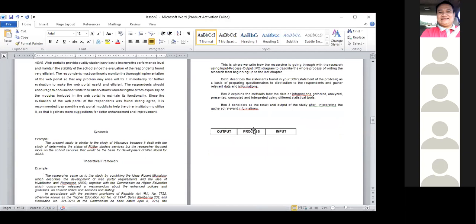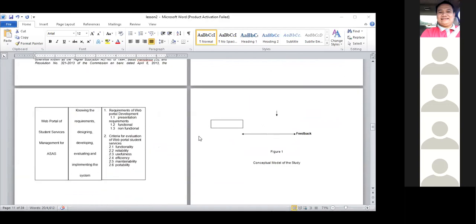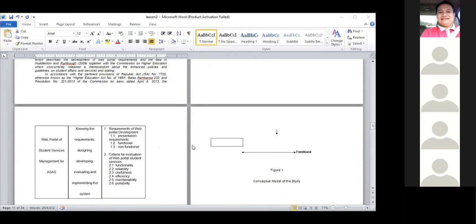Nabaliktad ko lang yan. Okay, so input, process, output. Usually, ang input natin guys is found in your statement of the problem.